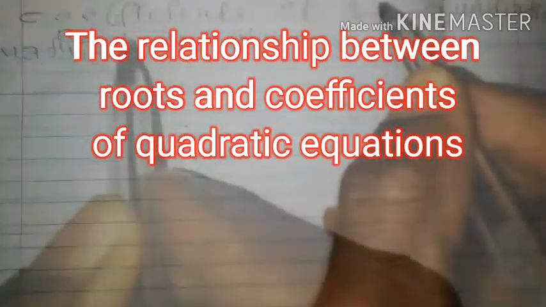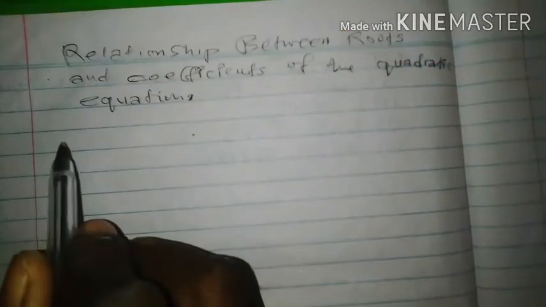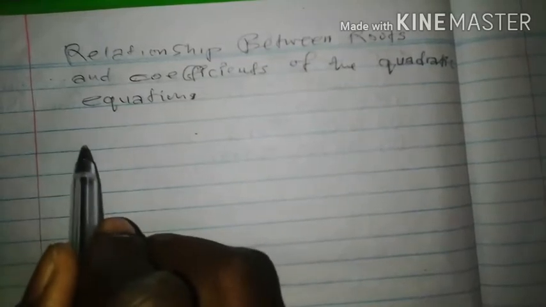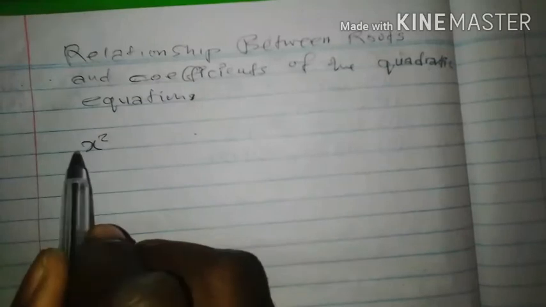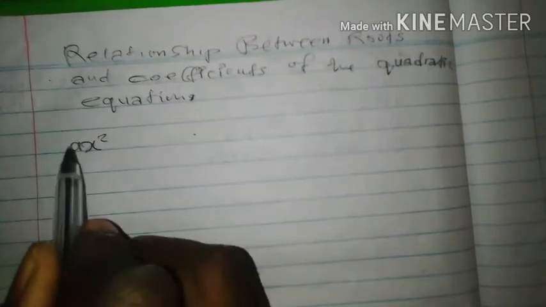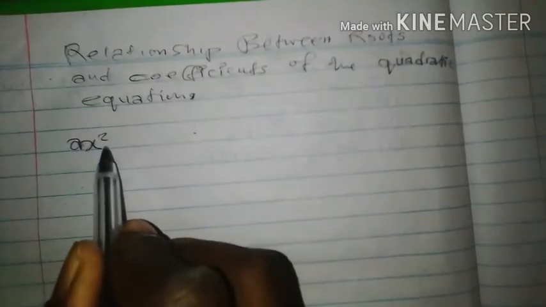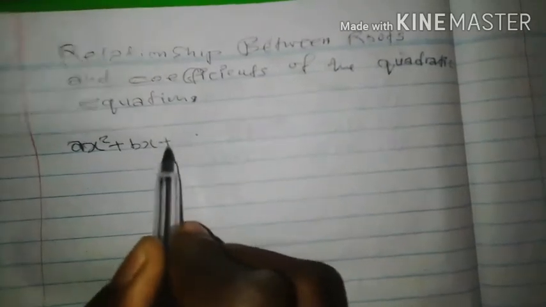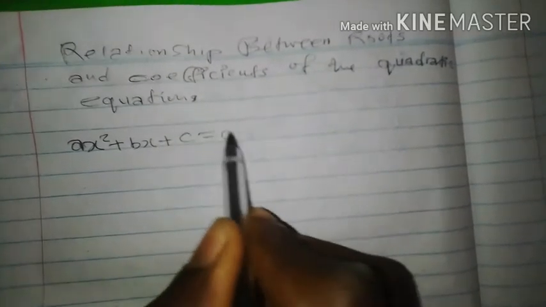What we need to know is that the standard form of the quadratic equation is ax squared plus bx plus c is equal to 0.